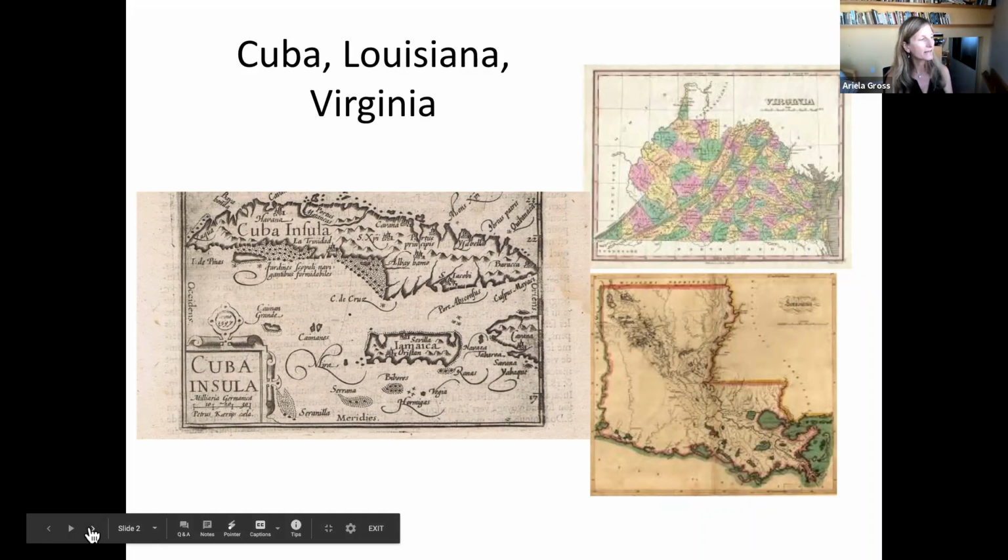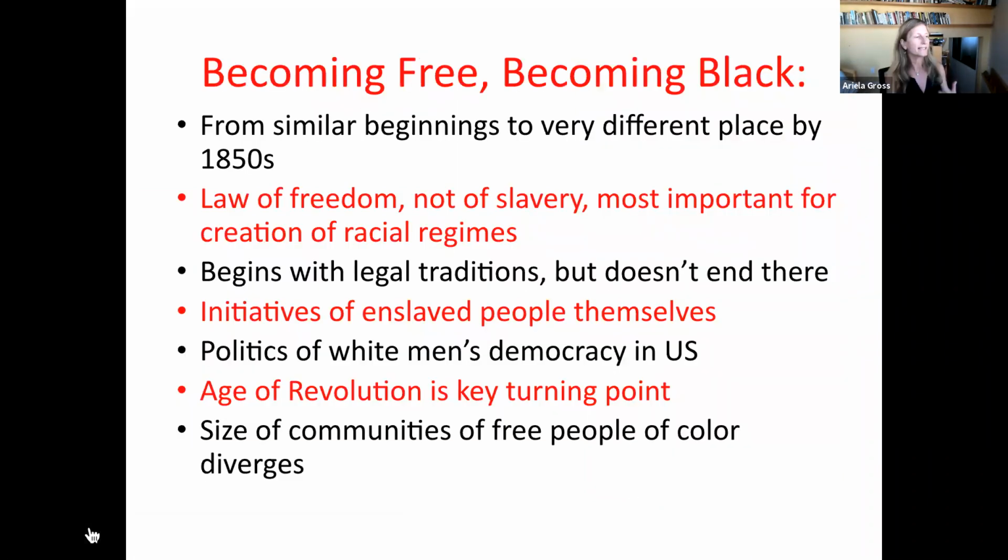And the key question that we ask in the book is why it is that in all three of these places, where colonists from Spain, from Britain, and from France all begin by putting into place in the law distinctions based on race, equating African descent with degradation and slave status. And in fact, even earlier in Havana than in Louisiana or Virginia, the Spanish colonists in Cuba have experience with enslavement of Africans in the slaveholding capitals of the Mediterranean.